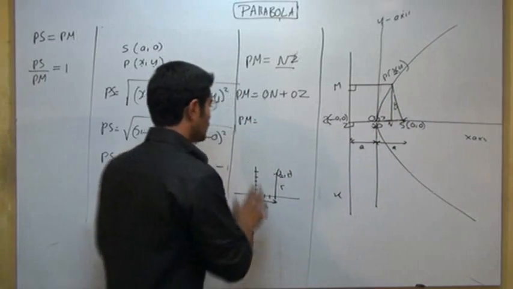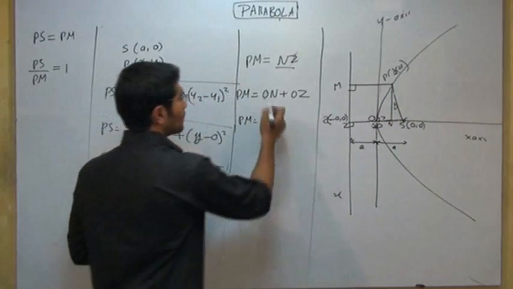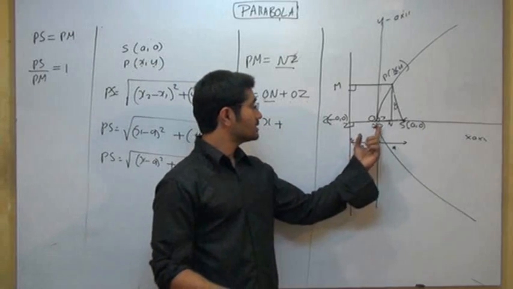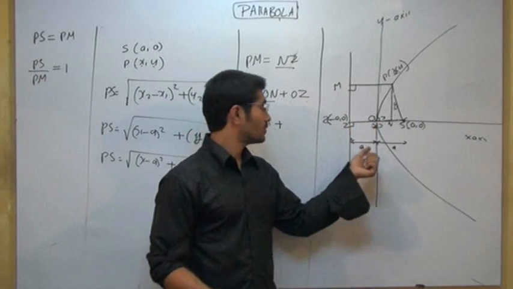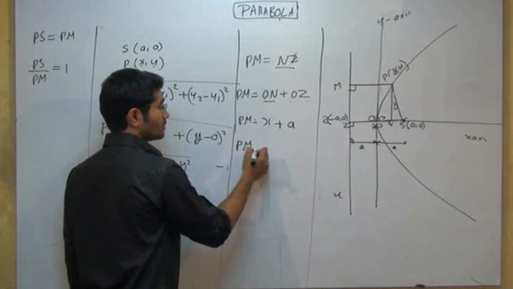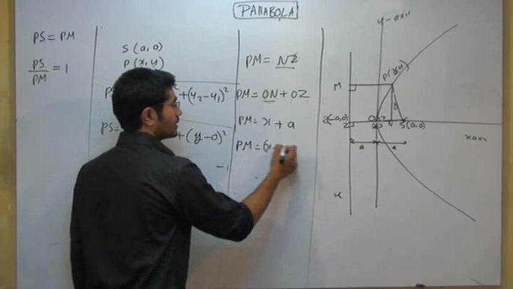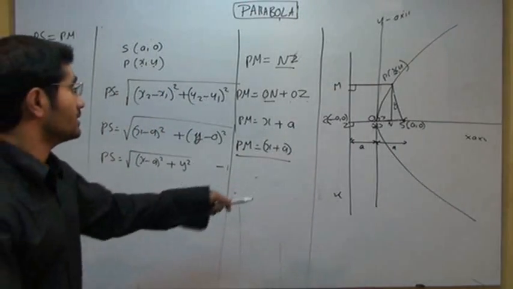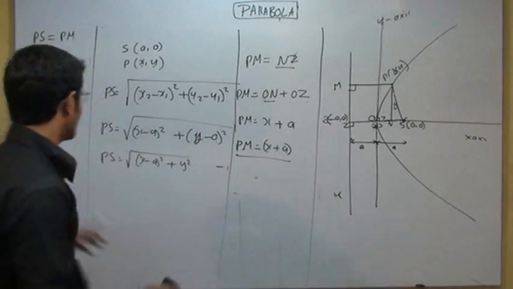Very much logical. I hope you understand this. So I can take ON as x plus OZ. OZ is this distance, which we already took as what? a. So can I write a here? Yes. I got the value of PM also. That is x plus a. So very simple. We don't need the diagram now, so I just erase it. You need the diagram so far only.